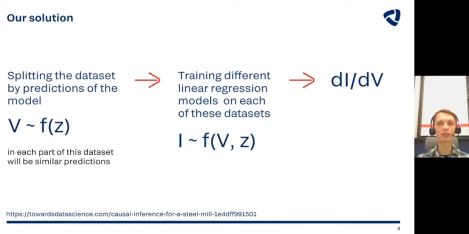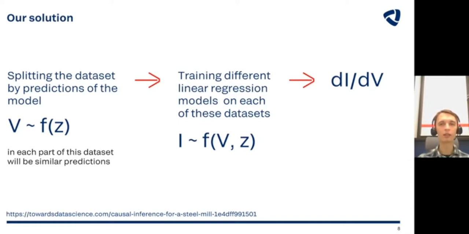And after that, you can split your dataset into subsets where you can receive something very close to a subset without high correlation of velocity and z.